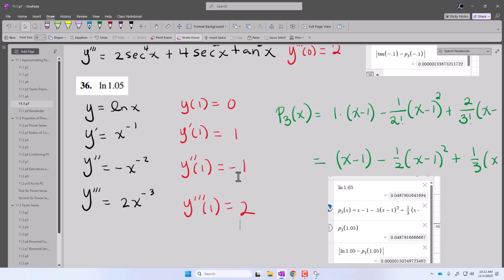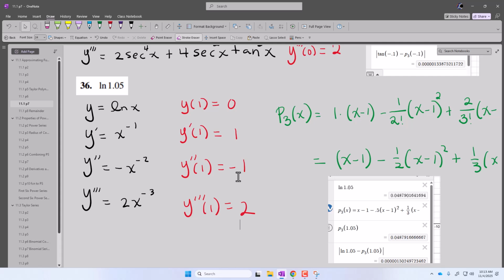Now if you plugged 10 into this polynomial, you're far away from the center, so that error would be much bigger. So we are always trying to build our polynomial from a value that we know that is semi-close to whatever we're trying to approximate. So the error gets bigger and bigger as you get further from the center.